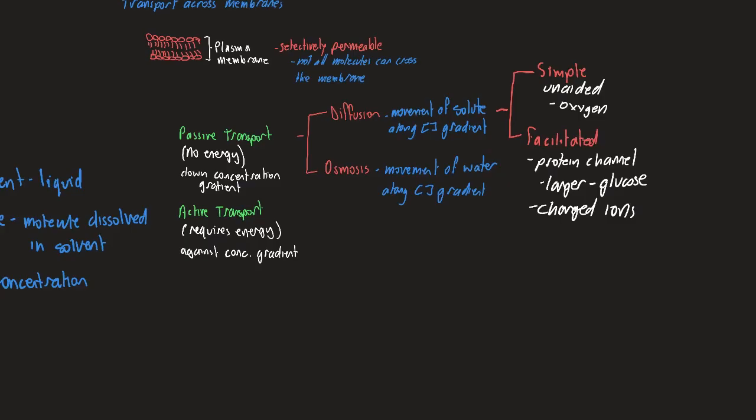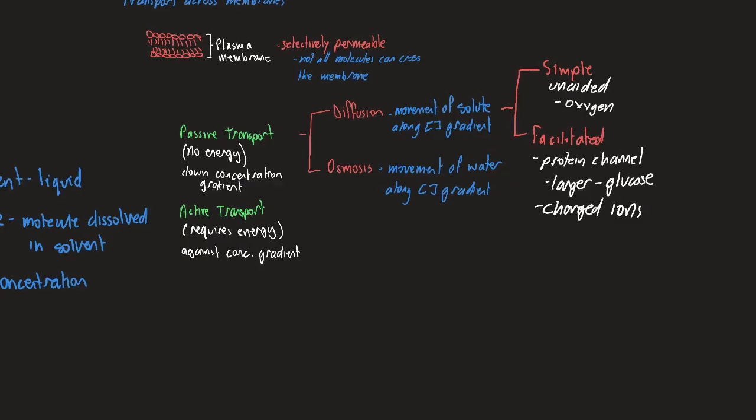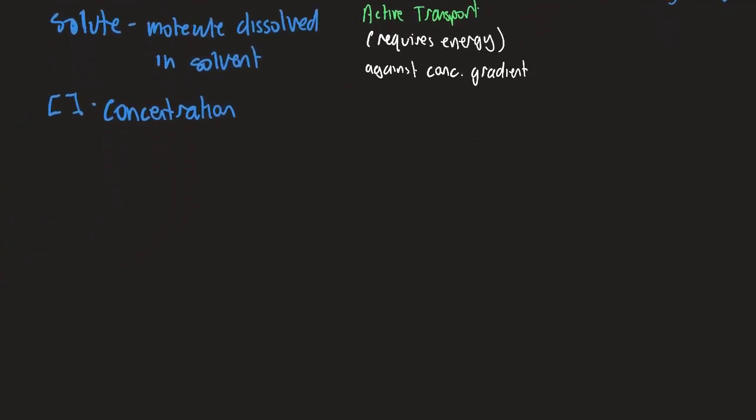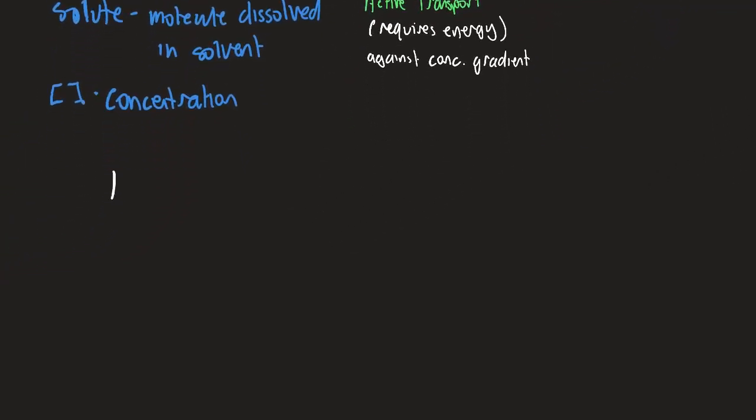Now I'm just going to go through diffusion and osmosis in a little bit more detail. Diffusion first of all. You've seen simple diffusion before, so I'm just going to show you what facilitated diffusion looks like.